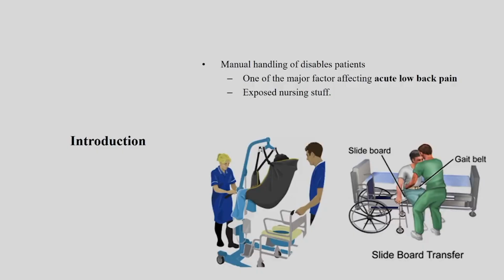Now, if we are handling such kind of patient, mostly it happens that our low back is getting exposed to load handling, load in terms of the weight of the patient. So there we have a lot of hazards and risks available. We are going to assess them using this particular index.